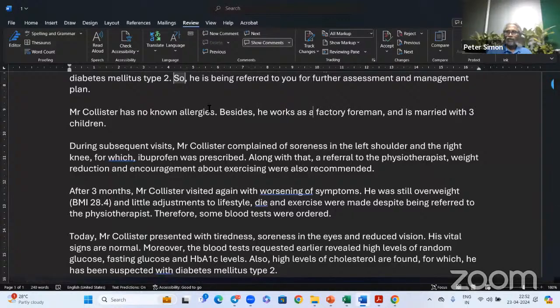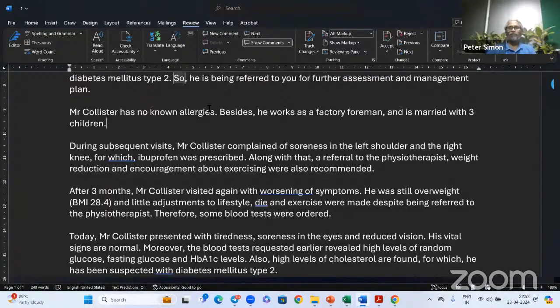He works as a factory foreman and is married with 3 children. Is this important? Is being married with 3 children important? If it is important, you can write it.